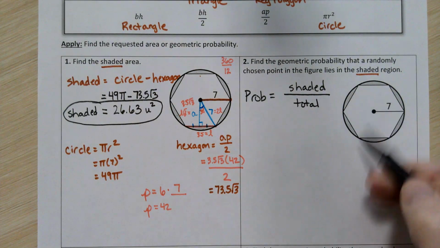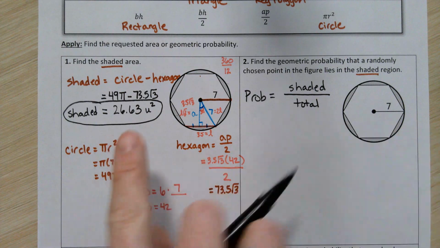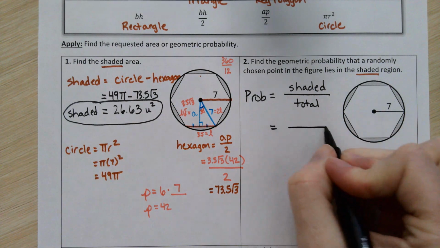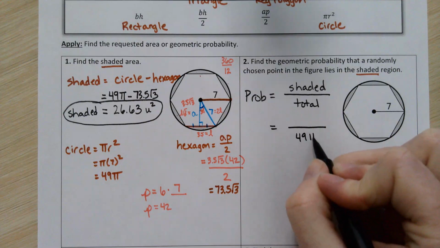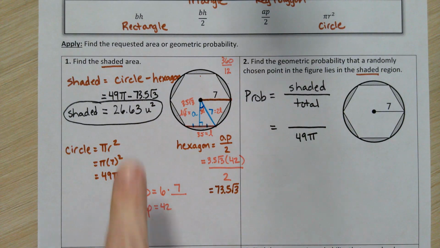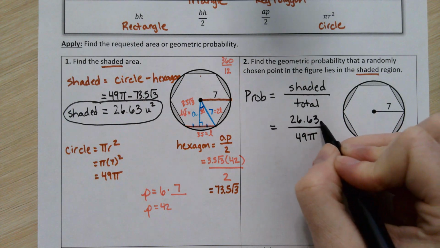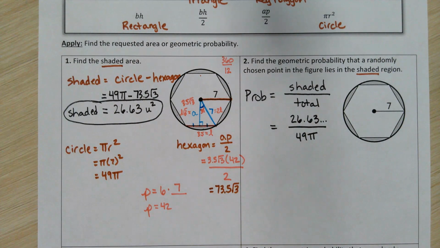When we think about the total area, that would just be that circle area that we have from before. So 49 pi will be the total area, and that shaded area, 26.63 with a whole bunch of other decimal places, is going to be the numerator. That's the probability we're searching for.